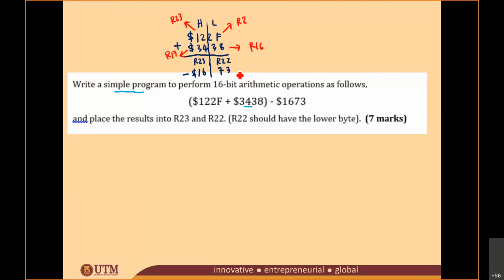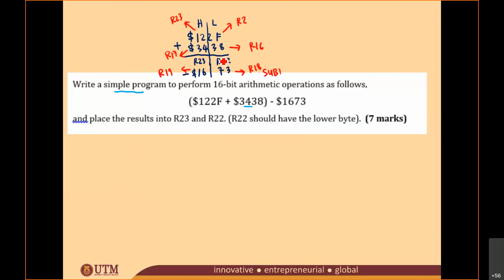What about this one? I can make it an immediate value by using SUBI. If I don't want to use SUBI, I can put it in another register, so this is R18, for example, and this is R19.